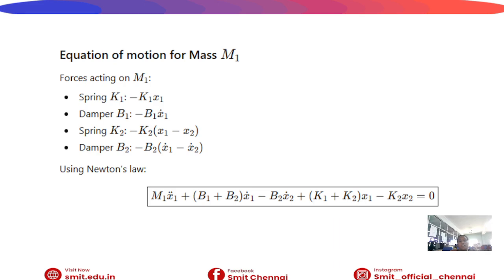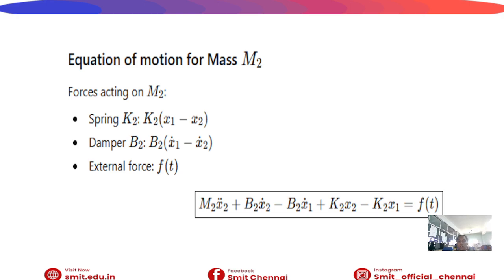Spring K2 is connected between mass 1 and mass 2, so we write K2 into X1 minus X2. The damper B2 is connected in between the two masses, so B2 into d(x1 minus x2) divided by dt. Using Newton's second law, applied force is equal to the sum of all opposing forces. In mass 1, no external force is applied, so we denote it as 0. So 0 equals the sum of all opposing forces. Summing all these values, we get the first equation for mass 1.